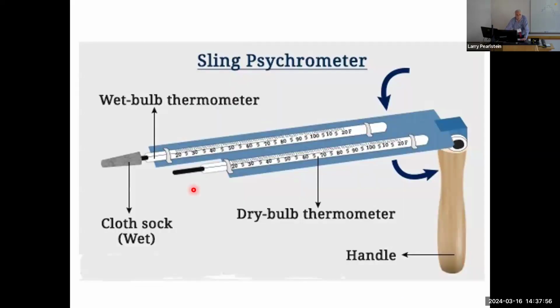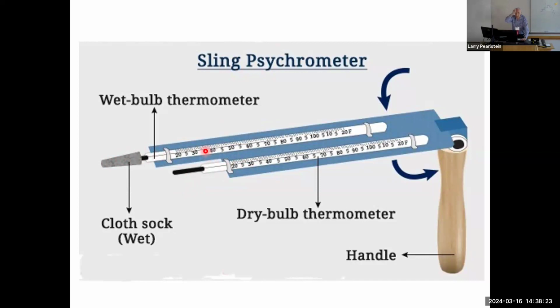The humidity was measured by what was called the sling psychrometer, or the wet and dry bulb thermometer. You have two thermometers here, classic mercury glass thermometers. This one, the dry bulb, measures the ambient air temperature. The wet bulb is wrapped in a cotton sleeve, which is saturated with water.